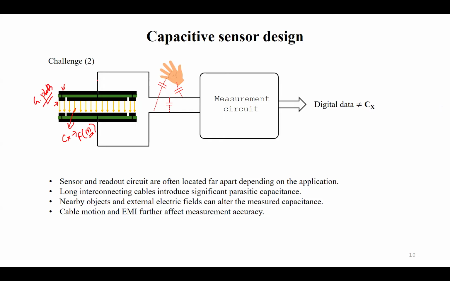Okay, so I need to connect this to a measurement circuit as shown here. When I connect to a circuit, we need some cables to connect to the measurement circuit, right? So usually in most applications, if I have a sensor kept here in direct proximity to the application, say like I have a human hand and have the sensor, the measurement system will be kept somewhere else, and it needs to be connected through long wires or long cables, as shown here.